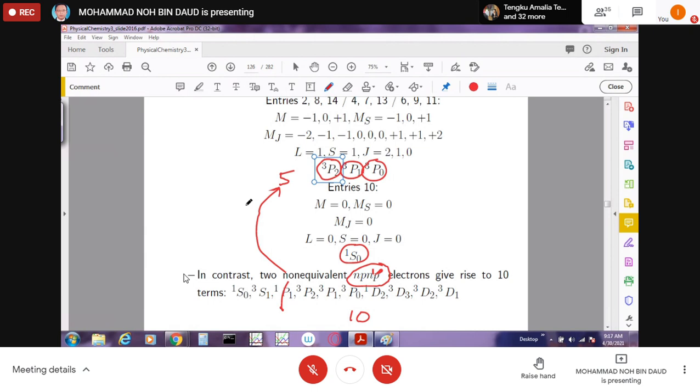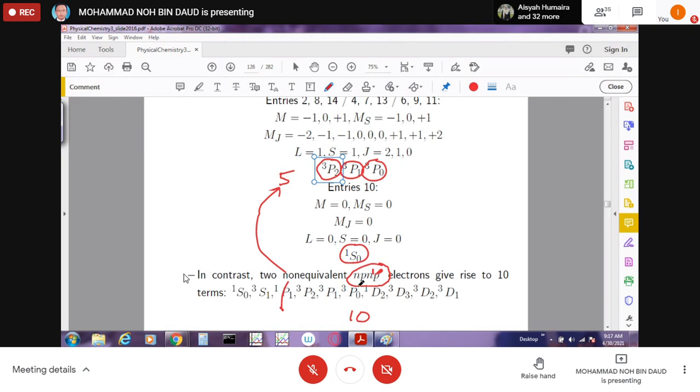Yes, because we have ignored some of the combinations having the same set of quantum numbers for these two electrons.